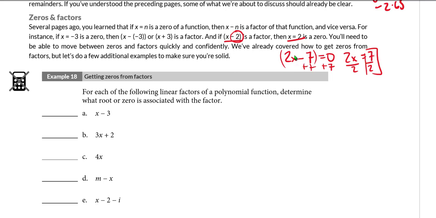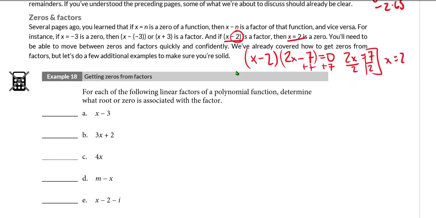So 7/2 is the value of x that would make this factor equal to 0 and would therefore make the quadratic equal to 0, assuming that we had another linear factor over here. Let's say we did have another linear factor like x minus 2. We would know that our two zeros were x equals 7/2 and x equals 2.